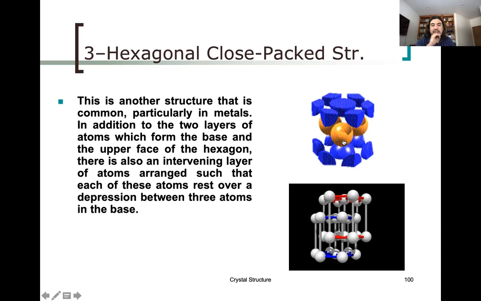I don't know if you can see it here. But for instance, when people were traveling and had to put cannonballs away, they would arrange them in this hexagonal close packing structure because it was the most efficient for packing.